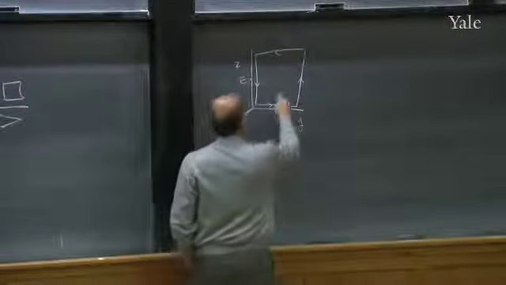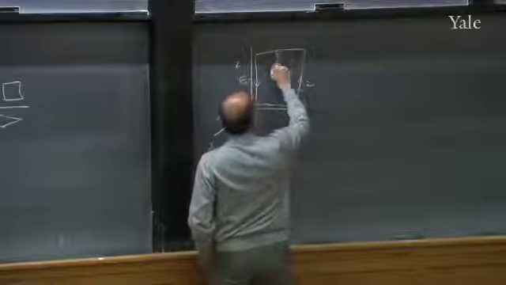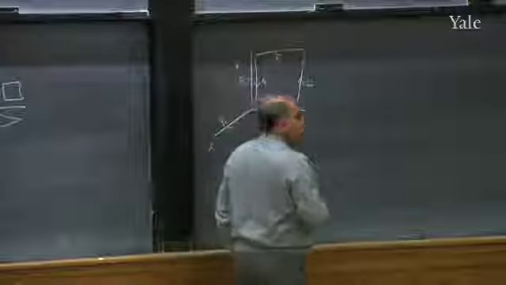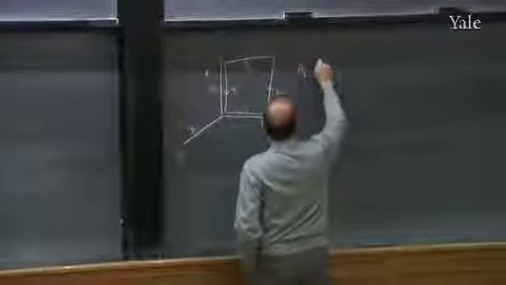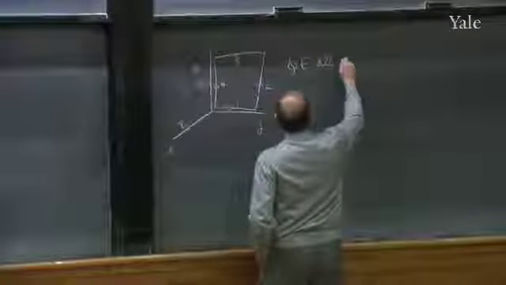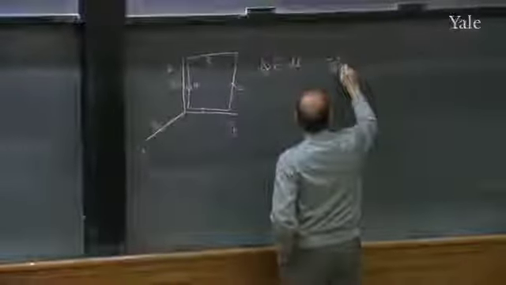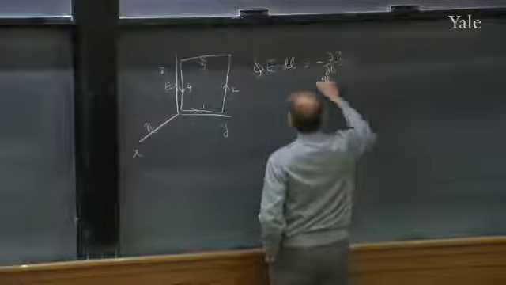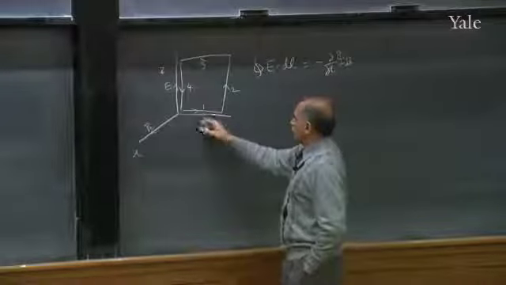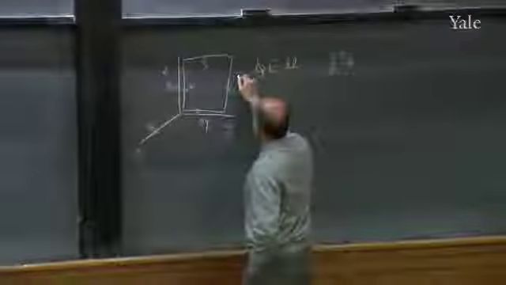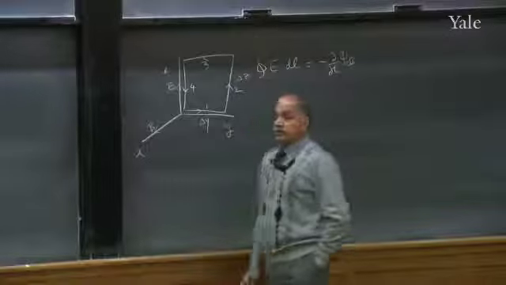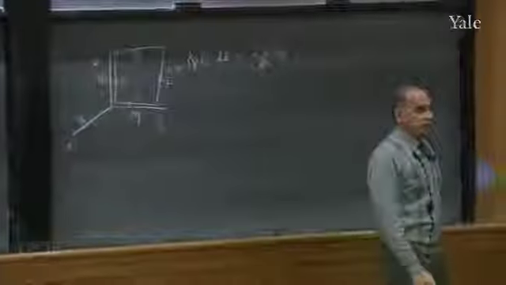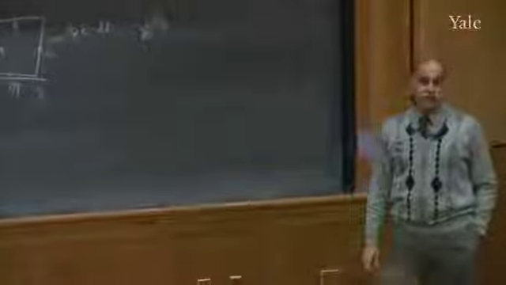So let me give the edges a name, 1, 2, 3, 4. And let's take the condition E dot dl is equal to minus d by dt of the magnetic flux. Now, this loop has dimension dy in this direction, dz in that direction. This is an infinitesimal loop. I've drawn it so you can see it, but it's infinitesimal.